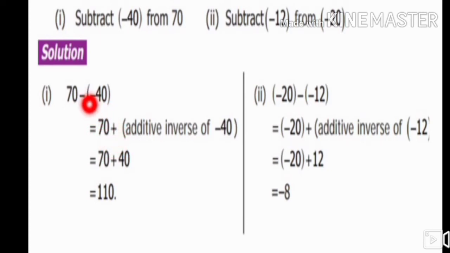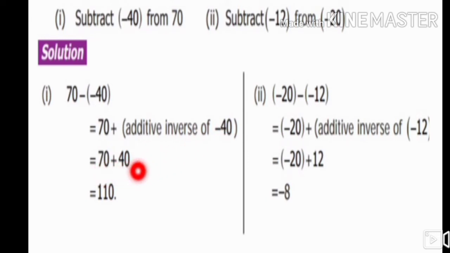As we have seen in the last class, additive inverse of minus 40 is plus 40. Therefore, 70 plus additive inverse of minus 40 is? Yes, plus 40.